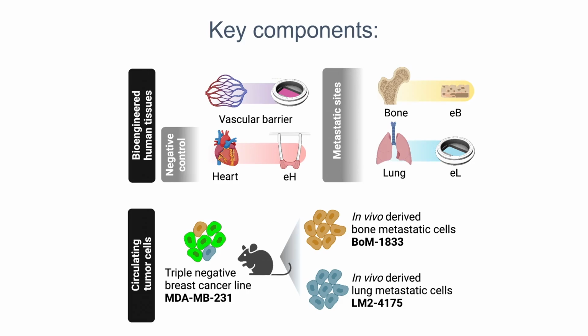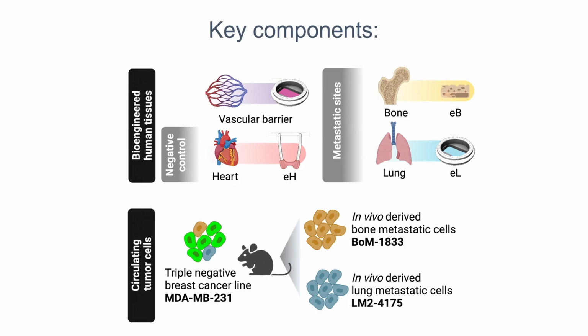Here are the key components. So we need a vascular barrier. This is the obligatory part of our platform. We included the heart muscle as a negative control. Heart is very, very, very rarely invaded by cancer cells for reasons that we don't fully understand. Is it because there are no stem cells in the heart or something else?